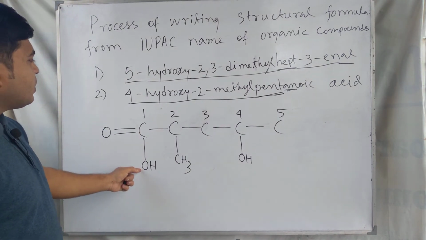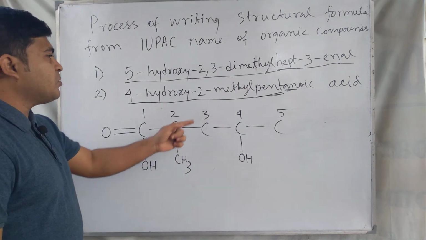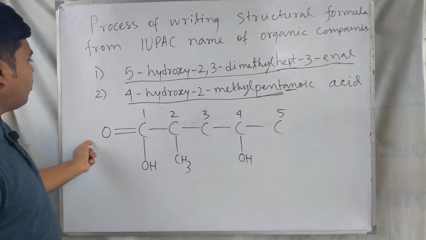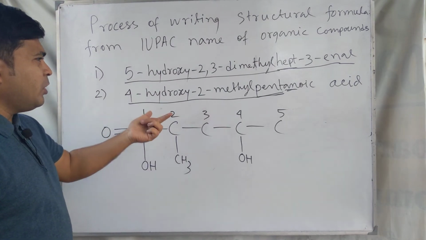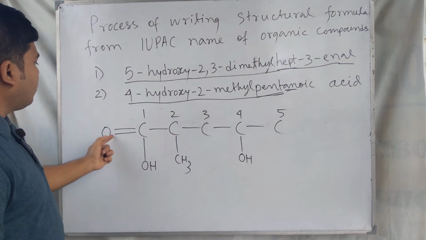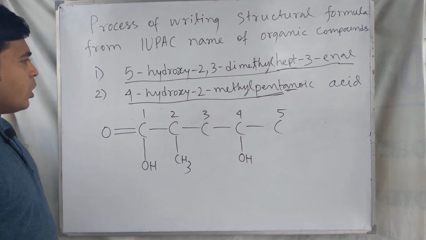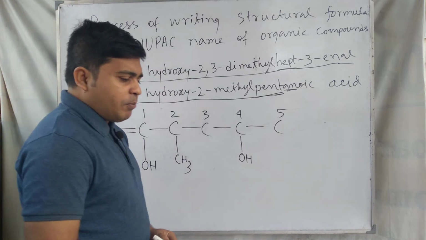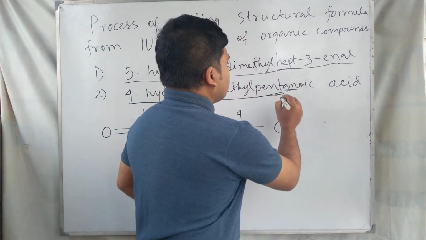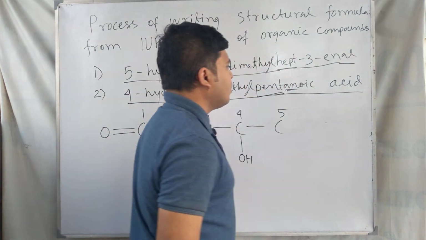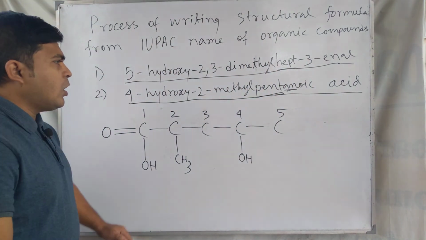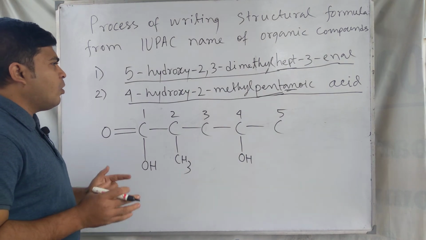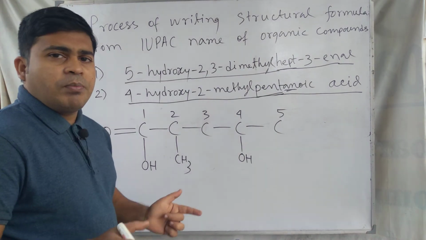So in the first carbon we have to write this functional group carboxylic acid, this one, the COOH group. So now up to this step, the full meaning of this name or full structure is completed.